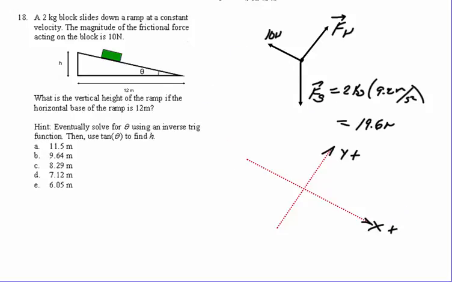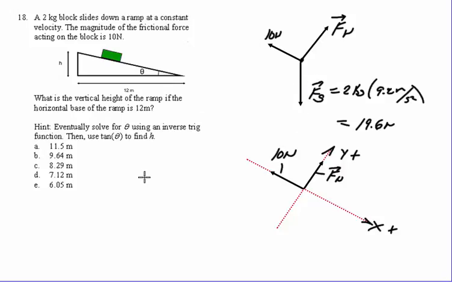Okay, so I will go ahead and add the 2 that I know. Let me do a vector. I got 10 newtons coming here. I will have F normal coming up here. Now what you want to do is go ahead and get this thing in the components.